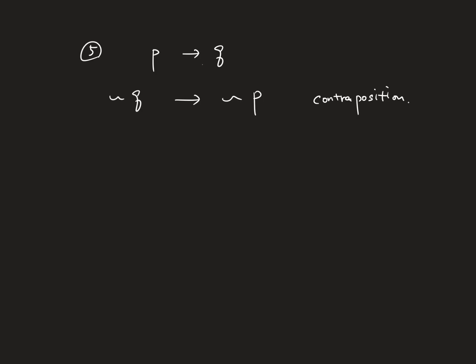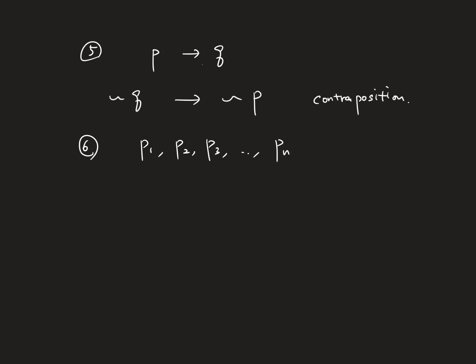Sometimes you can prove easily that P is not true. So you can prove that if P is true, then Q is true, or you can prove that if Q is false, then P is false. But in many problems, you don't have this kind of simple structure. In many cases, you have a lot of assumptions, P1 and P2, and for example, Pn.